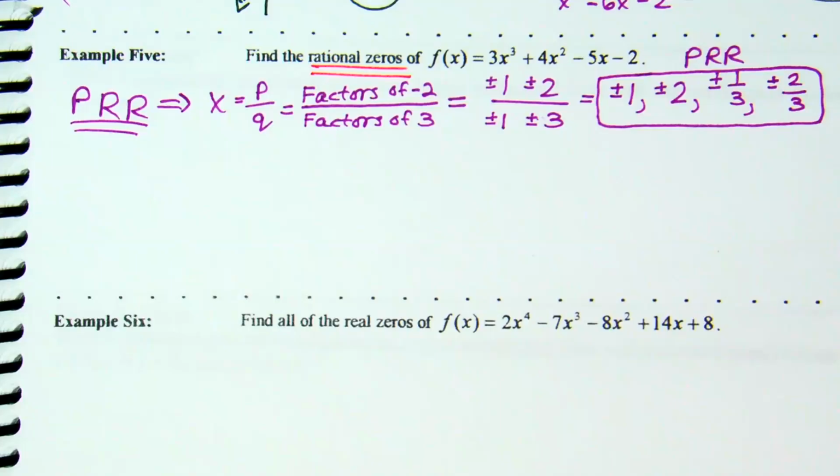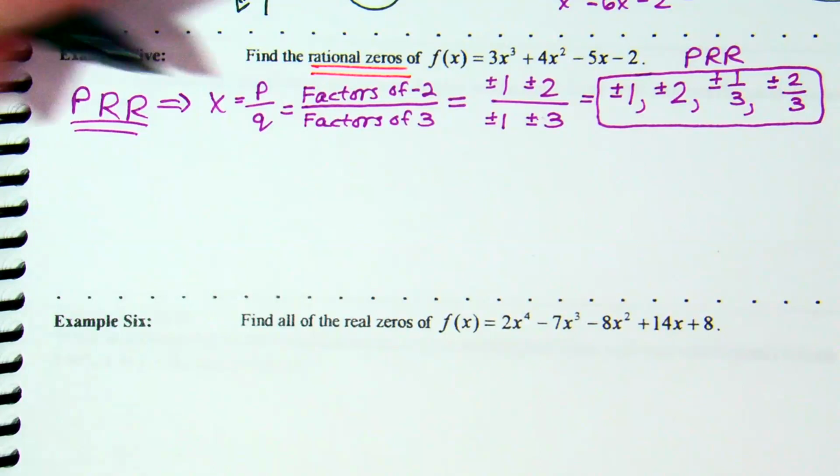Yes, you can have fractions because fractions are rational. Doesn't mean they're fun, but we can have them. Now, take a peek at the graph if you want to speed this process up. While you guys are taking a peek at the graph, I'm going to go ahead and work on sketching it here.